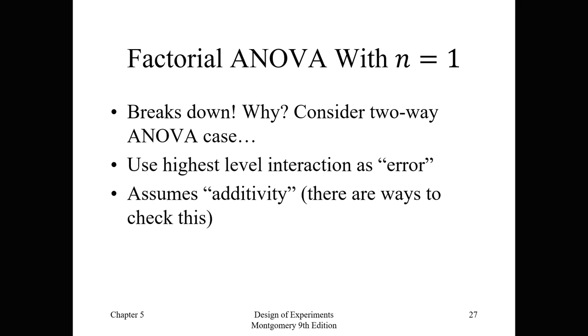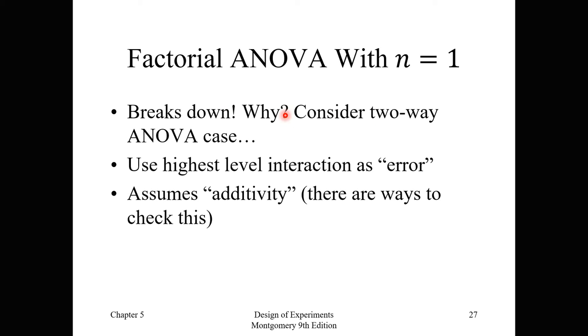So finally, one thing to consider is the factorial ANOVA with a sample size of 1. If you go back to the ANOVA table, just think about those degrees of freedom. I'm not going to demonstrate this here, but it's very easily demonstrated why a factorial ANOVA with a little n of 1 breaks down, and think about how that could cause problems practically when calculating the MSE. Again, just go back and do a quick calculation and you'll quickly see why that is.